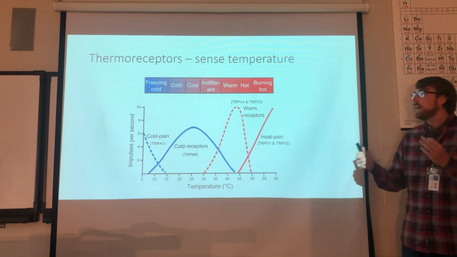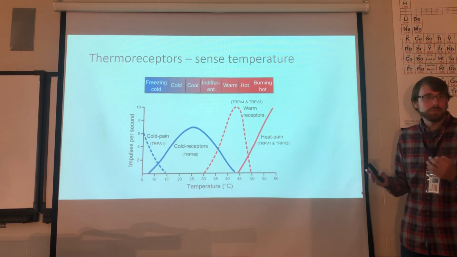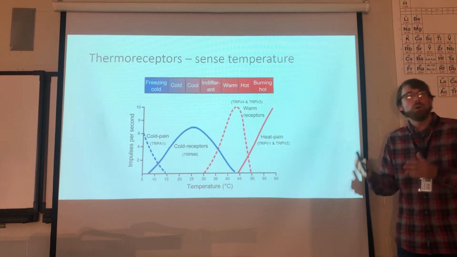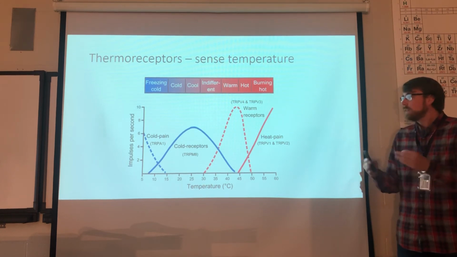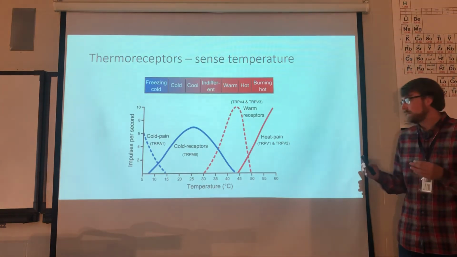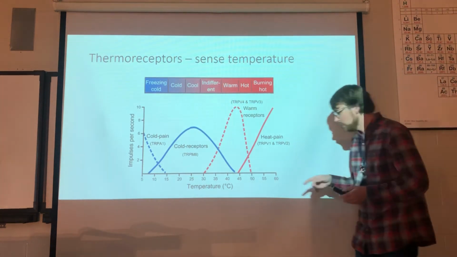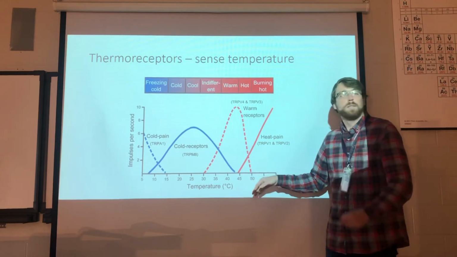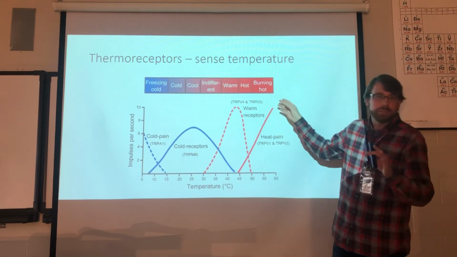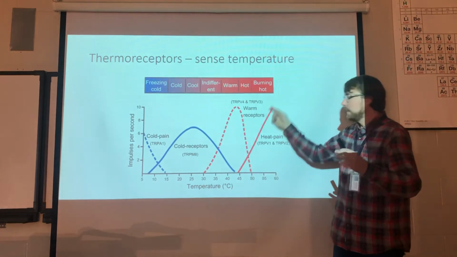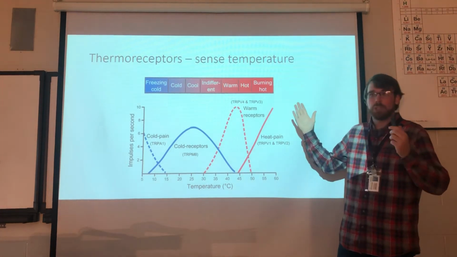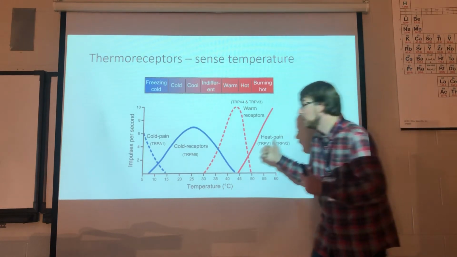So you have a variety of different thermoreceptors. Some of these thermoreceptors turn on and off at different temperatures. Some of these thermoreceptors have some overlap. So if the temperature gets over near 45 degrees C, that starts to kick on your heat pain, like, ow, that's hot, I should stop touching that, it's causing tissue damage.